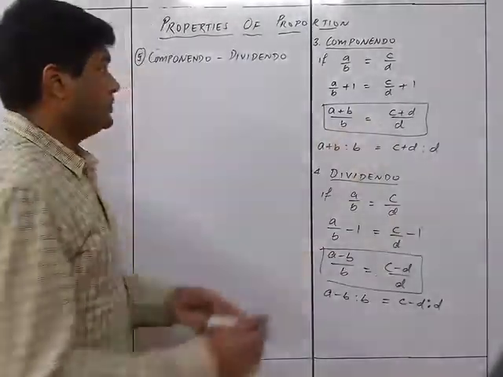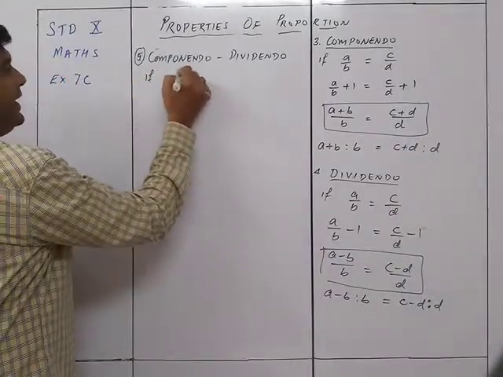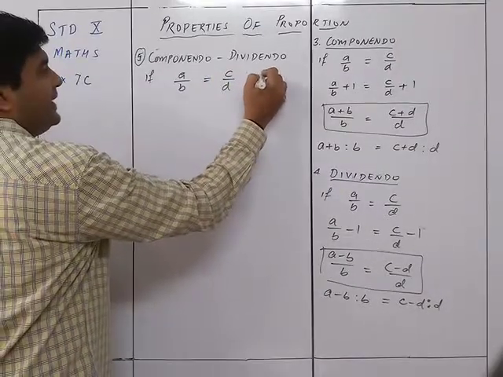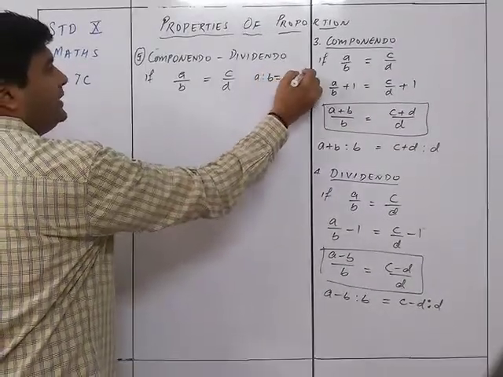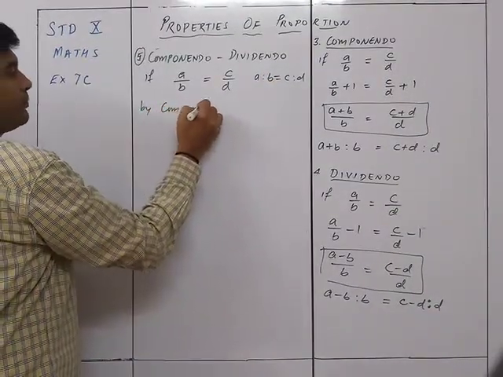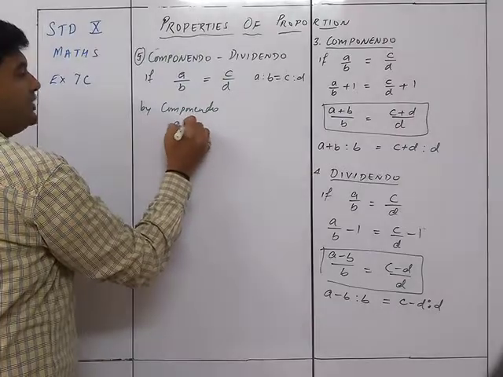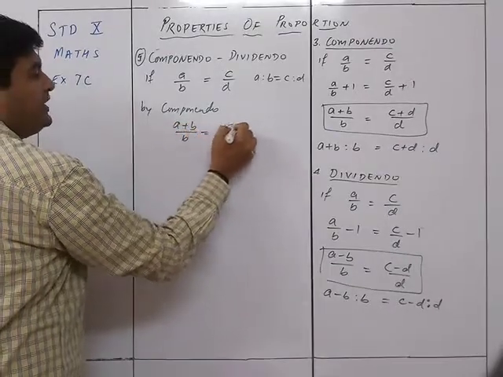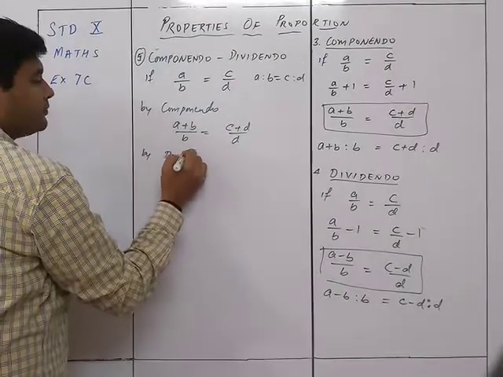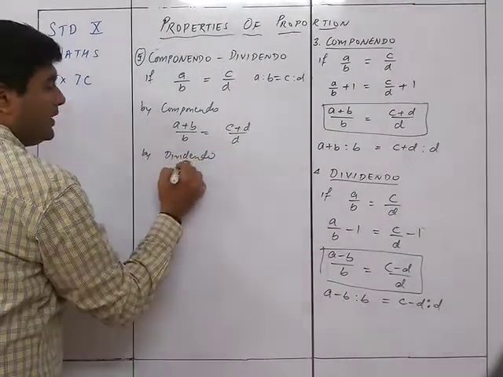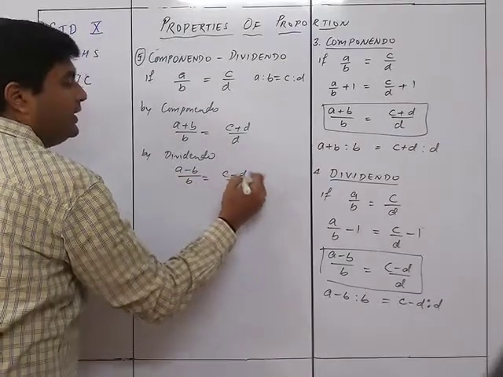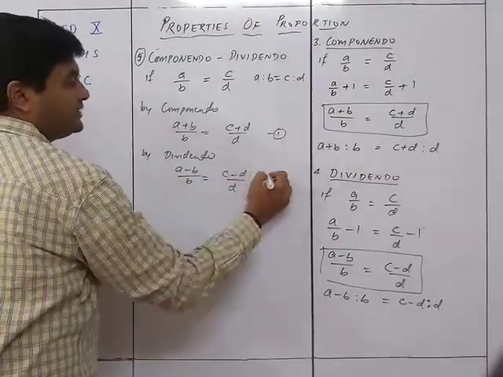If A upon B is equal to C upon D, that is A is to B is equal to C is to D, then by componendo, A plus B upon B is equal to C plus D upon D, and by dividendo, we get A minus B upon B is equal to C minus D upon D. This is my first and this is my second.